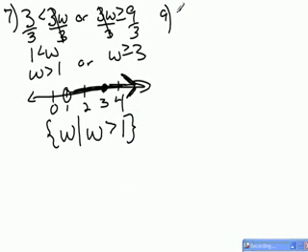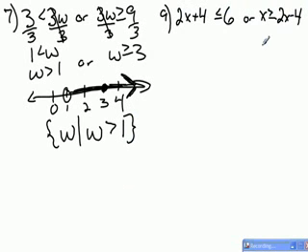Alright, number 9. 2x plus 4 is less than or equal to 6, or x is greater than or equal to 2x minus 4. Again, we need to get x by itself, so I would start by subtracting 4.